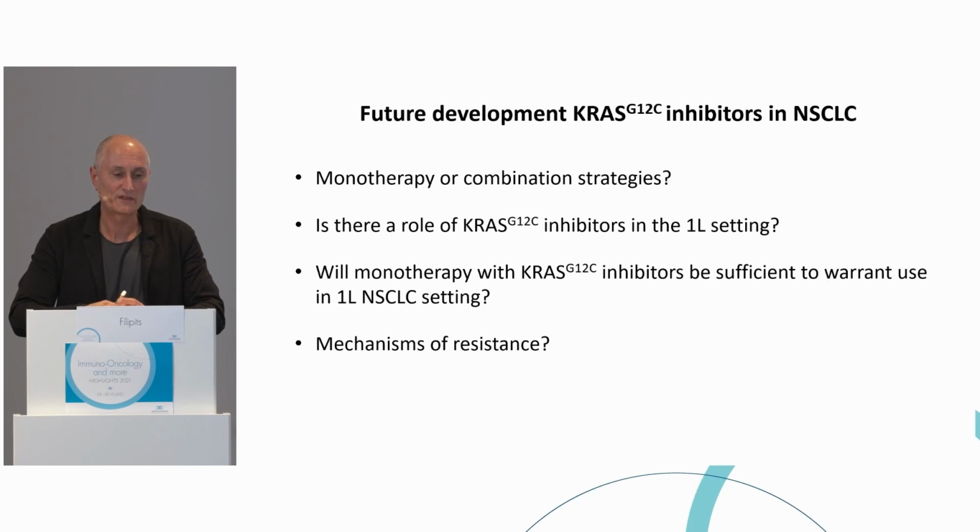So I think combination strategies will be more effective than monotherapy alone. Is there a role of KRAS G12C inhibitors in the first-line setting? Well, as monotherapy it will be questionable, but maybe in combination with other drugs, it could also be translated into the first-line setting. And one question could also be, what are the mechanisms of resistance?